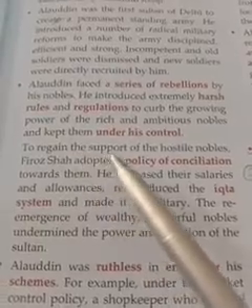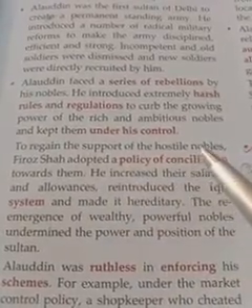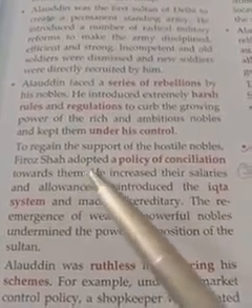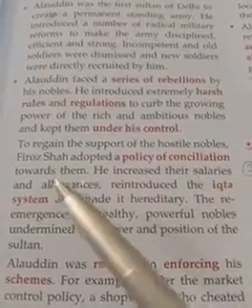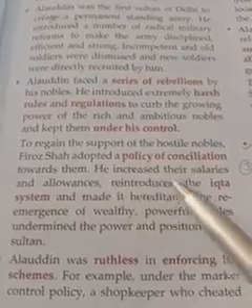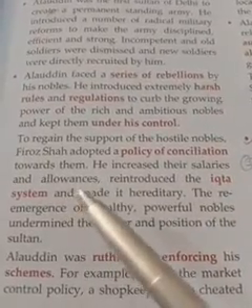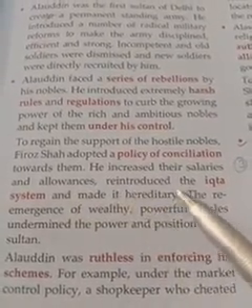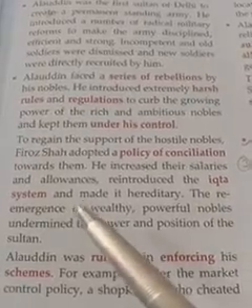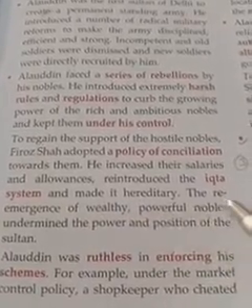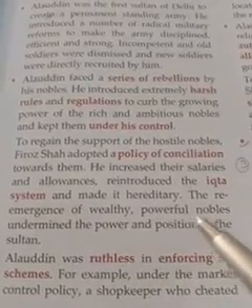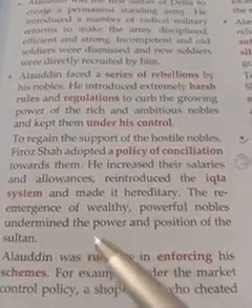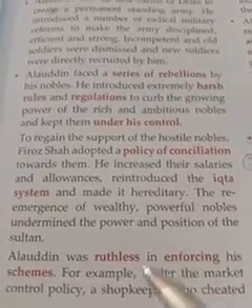To regain the support of hostile nobles, Firoz Shah adopted a policy of conciliation towards them. He increased their salaries and allowances, reintroduced the Ekta system and made it hereditary. The re-emergence of wealthy, powerful nobles undermined the power and position of the Sultan.